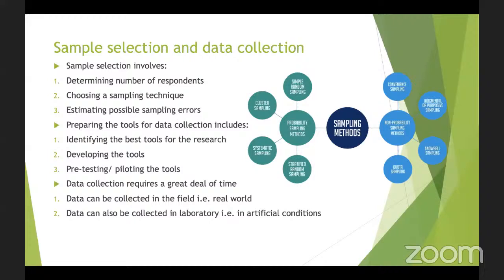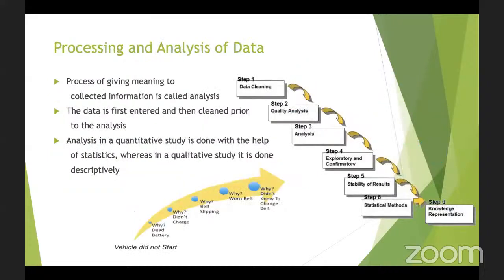Now, processing and analysis of data. As I said in the beginning, the process of giving meaning to collected data is called data analysis. In order to do it, the raw data that you obtain from your experiments in scientific research, or your interviews and field work in social research, has to be processed first.